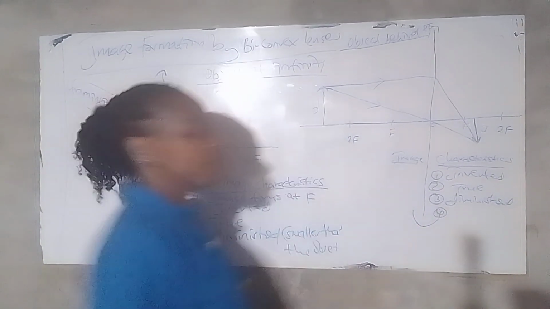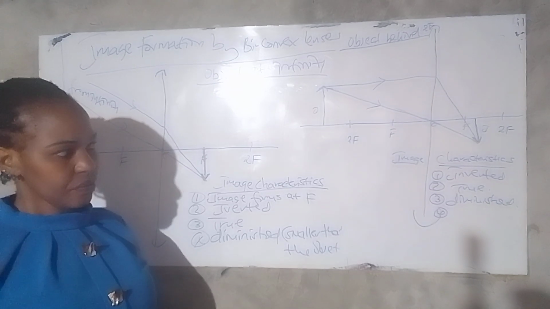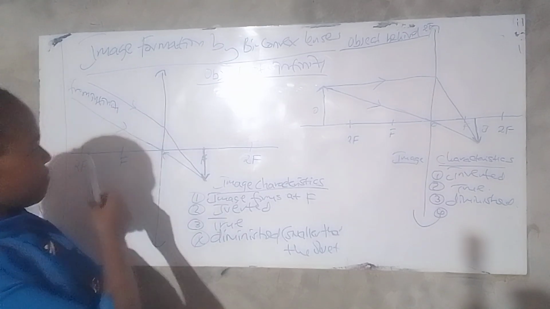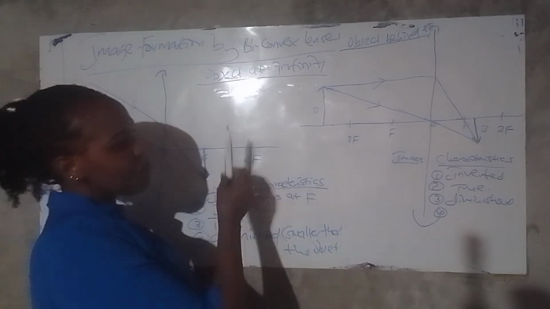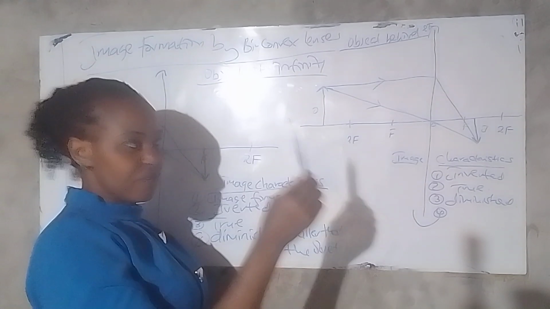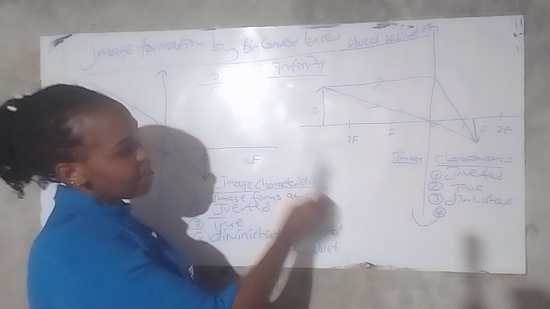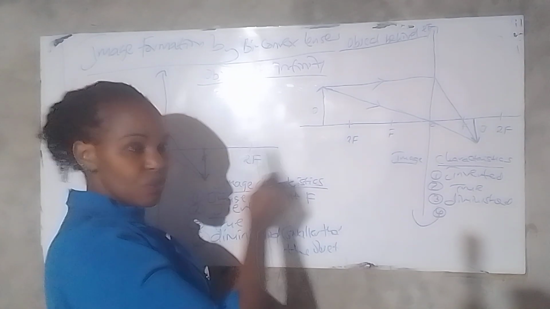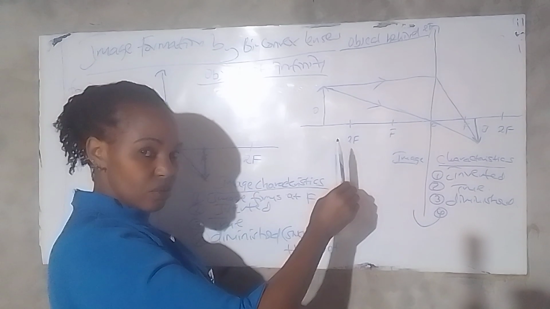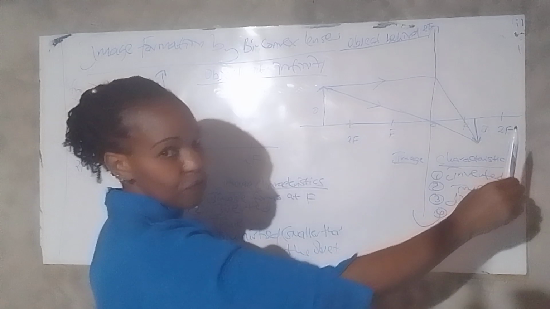And number 4, let's talk about where the image has formed. Okay, when the object was at infinity, the image formed at the principal focus. When we move the object closer from infinity to somewhere behind the center of curvature, the image moves further away from the lens.